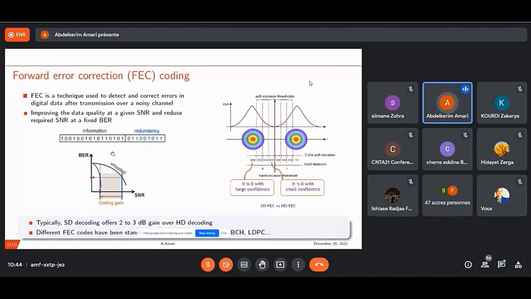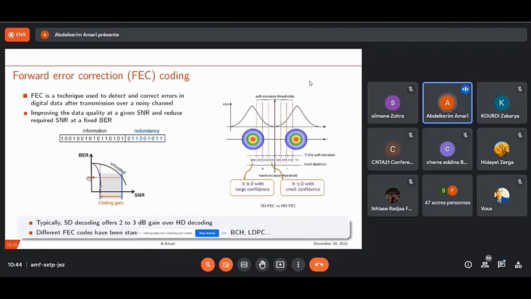This leads to improving the data quality at a given SNR, and also reduces the required SNR at a fixed bit error rate. Here we have bit error rate versus SNR for an uncoded and an FEC coded signal.